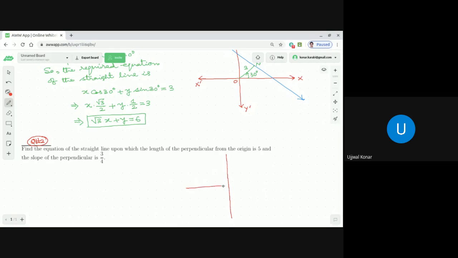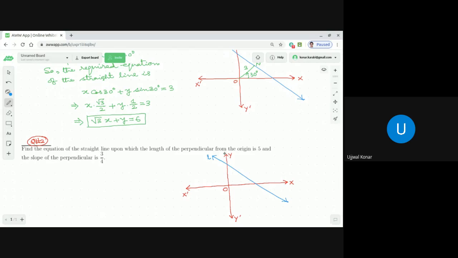So let me first draw the coordinate axes x dash, x, that is origin, y o, y dash. The equation is such that the length of the perpendicular from the origin is 5. So if we draw the straight line, suppose L is the straight line whose equation we need to find.